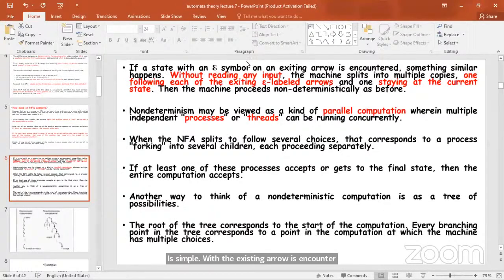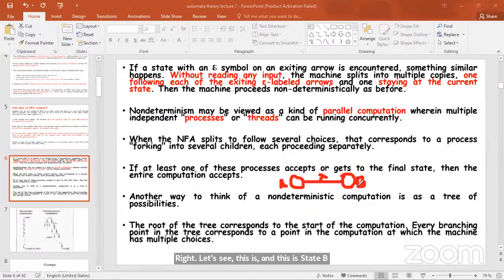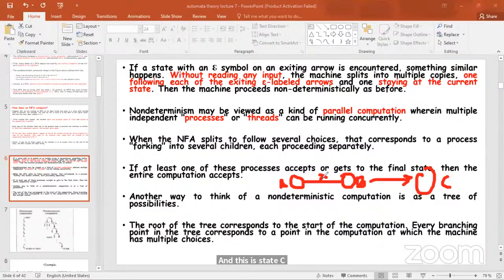Now, without reading anything, that means if you are in a state and you have, let's say, the empty string, which is represented by lambda, right? Let's say this is state A, and this is state B, and this is state C, and there is a lambda here, and there's a 1 here.